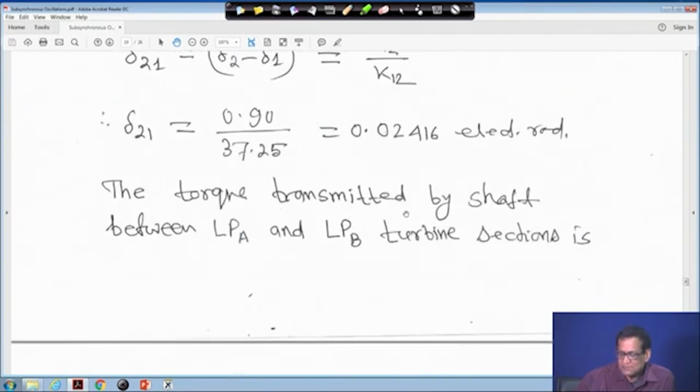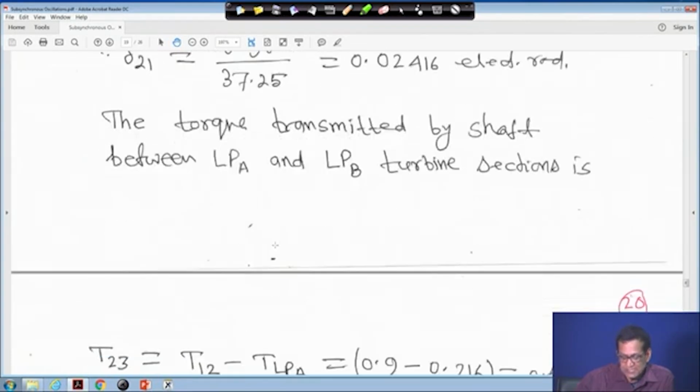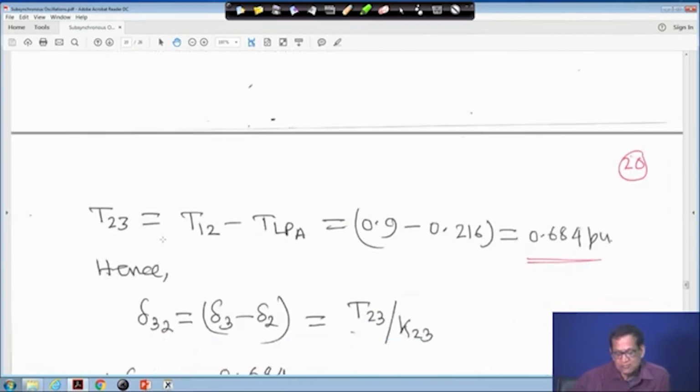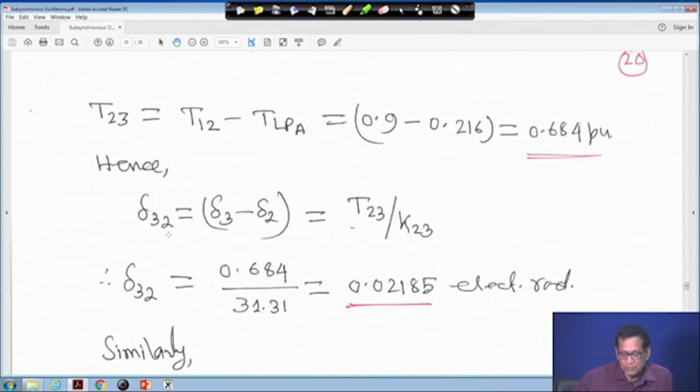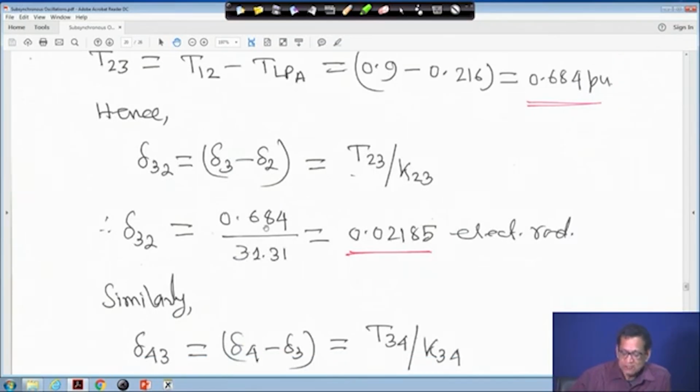The torque transmitted by the shaft between LPA and LPB turbine sections, T23, will be T12 minus TLPA, which is 0.9 minus 0.216, that is 0.684 per unit. Hence, delta 32, which is delta 3 minus delta 2, is equal to T23 upon K23. T23 is known, K23 also we have computed before.